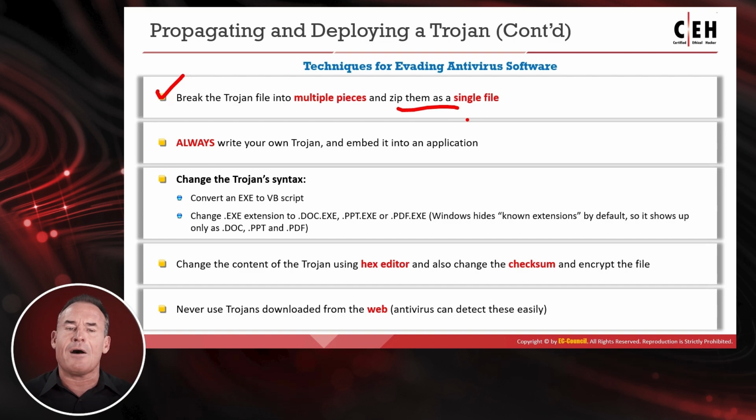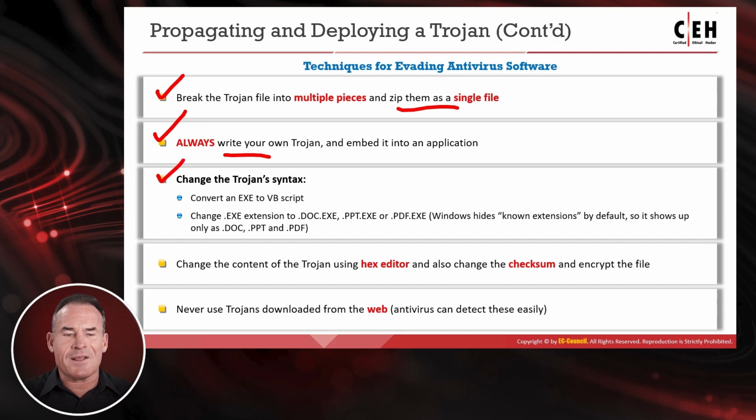You take a single file, you fragment it into pieces with WinZip or WinRAR, and each individual file fragment is reassembled to create a single file on the destination system. But each individual file, if you split the signature, doesn't contain the full signature. Always write your own Trojan. If you write your own Trojan, it's never been seen before, and there is no signature for it.